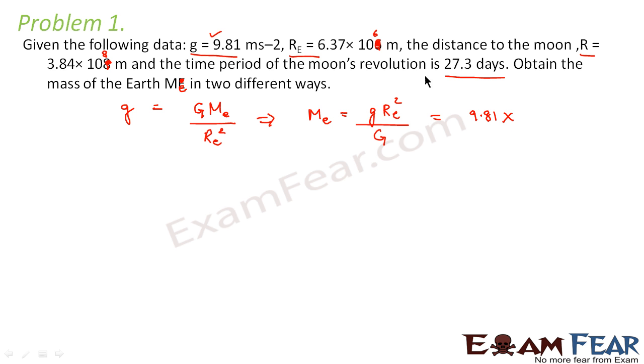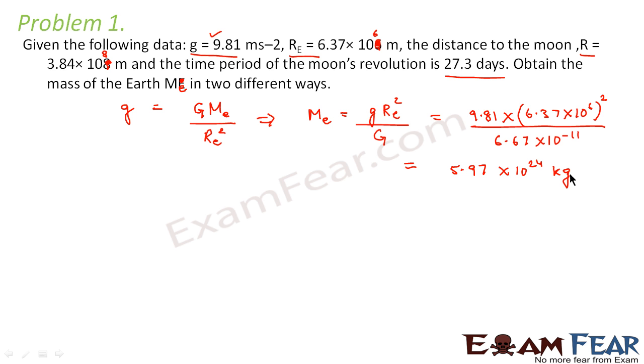Re is given as 6.37 into 10 to the power 6 whole square. And capital G is given as 6.67 into 10 to the power minus 11. Now, if you calculate this value, it comes out to be 5.97 into 10 to the power 24 kgs.